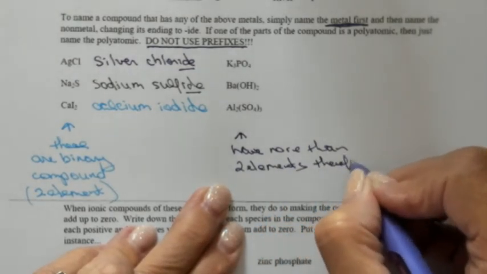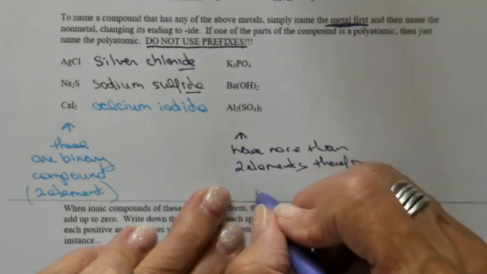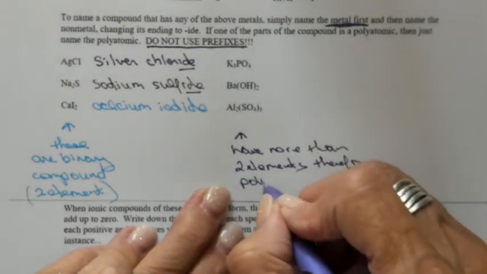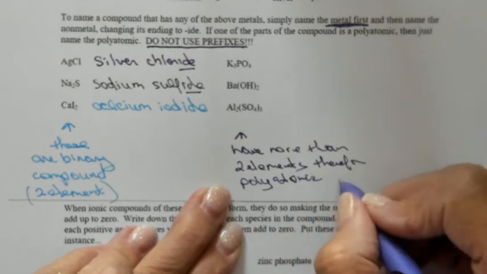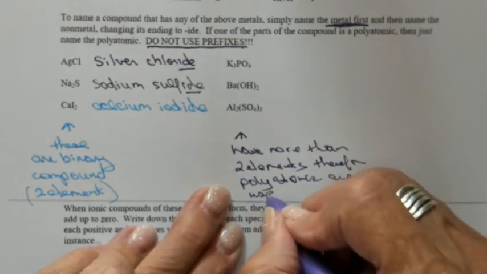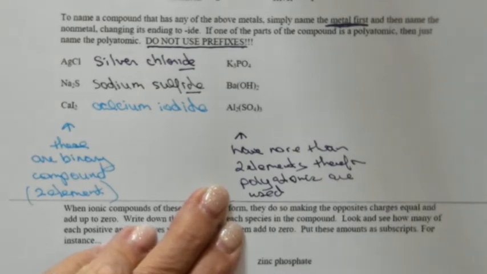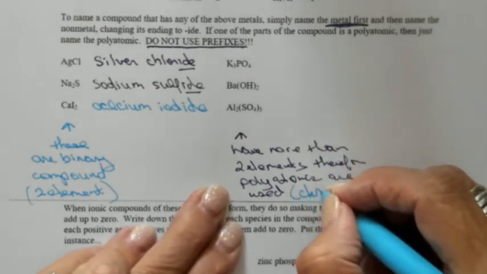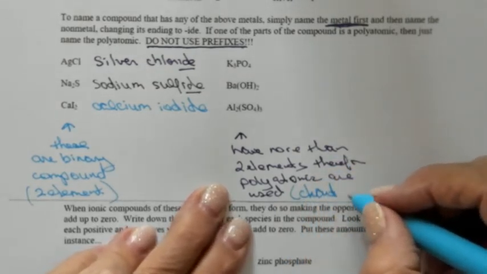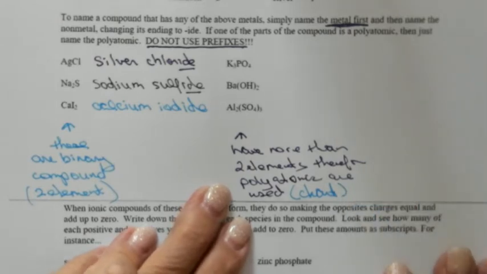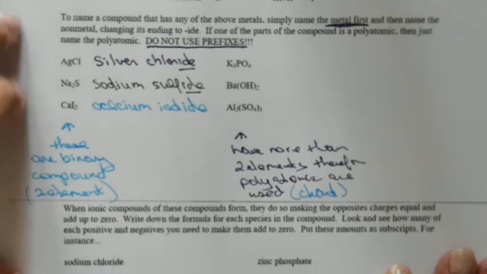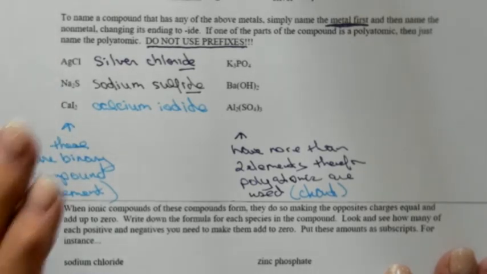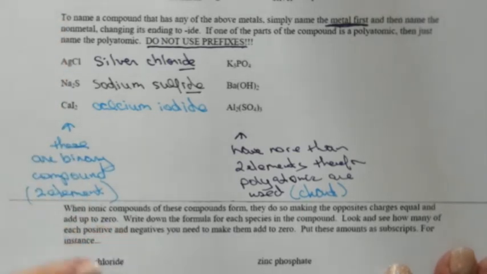Therefore, polyatomics are used. And these are found on a chart that you've been given. We do not use a comprehensive chart. That's kind of like overkill. We use certain ones. We do not need all of them.